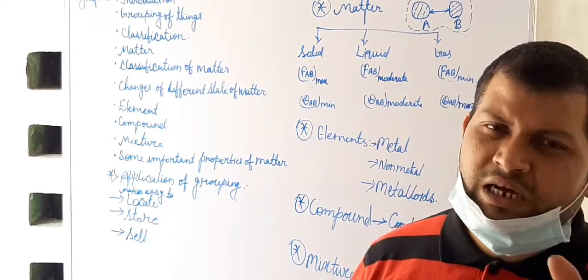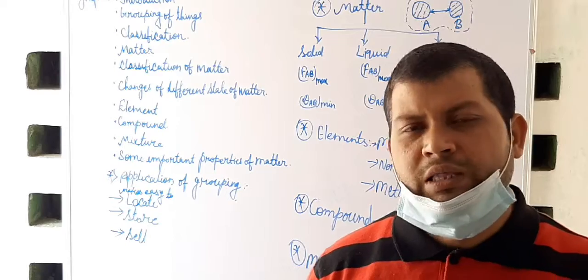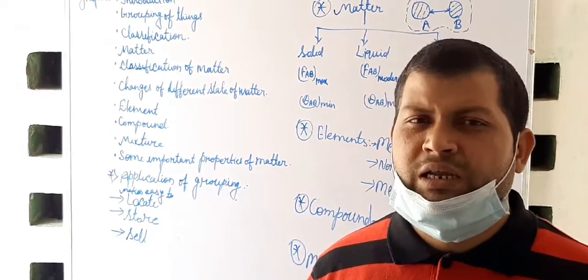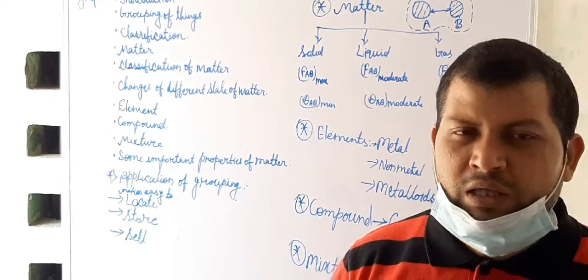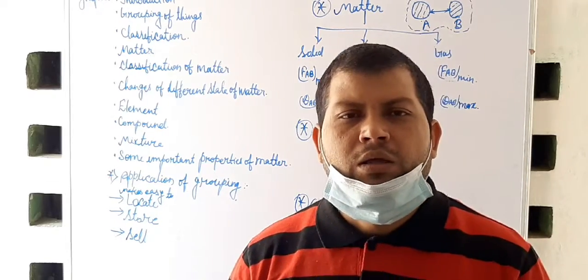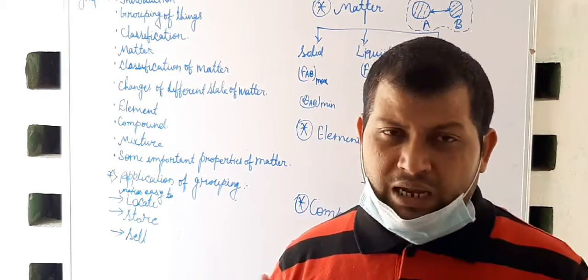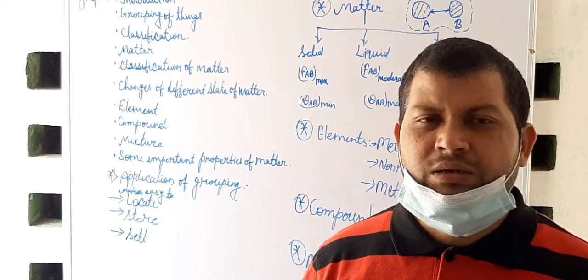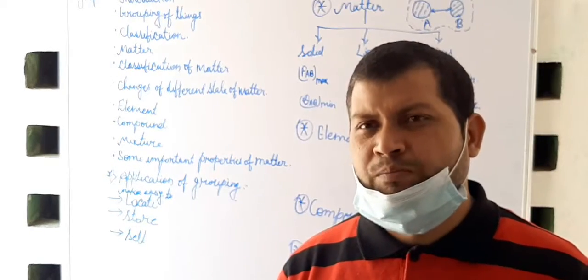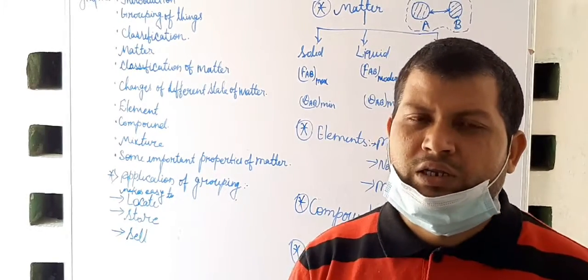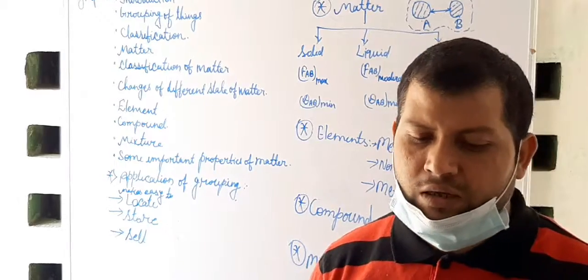But some materials are non-metallic substances that are not completely insulators, so they are called metalloids.